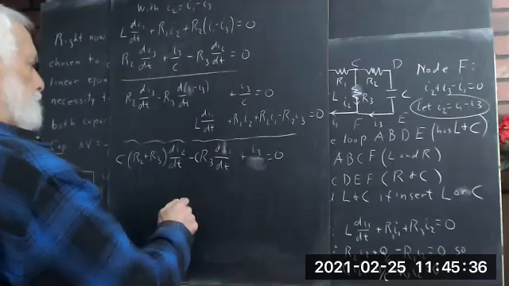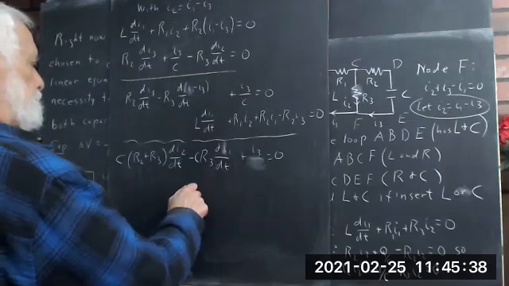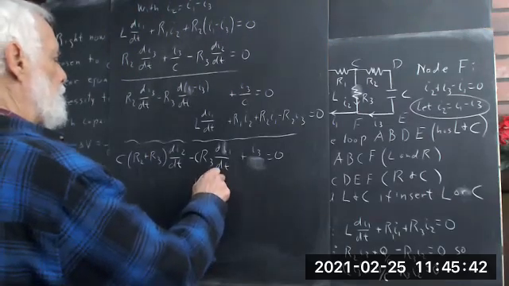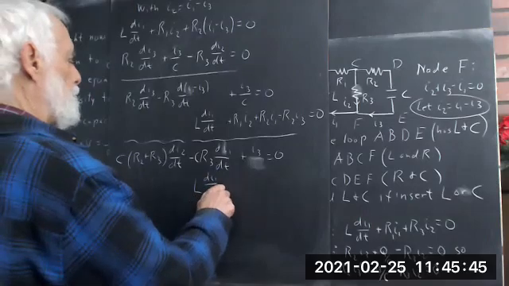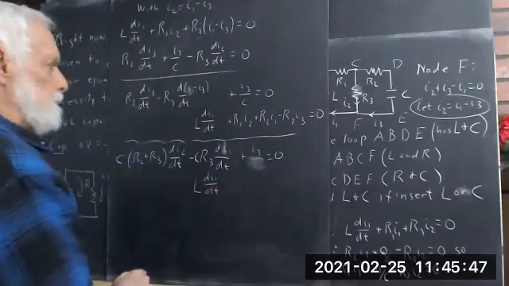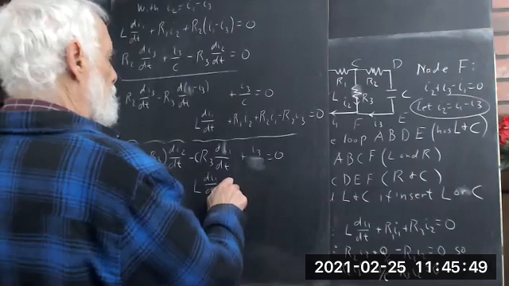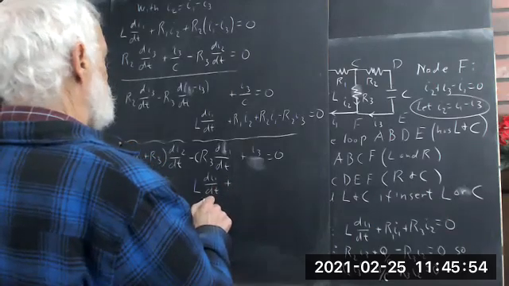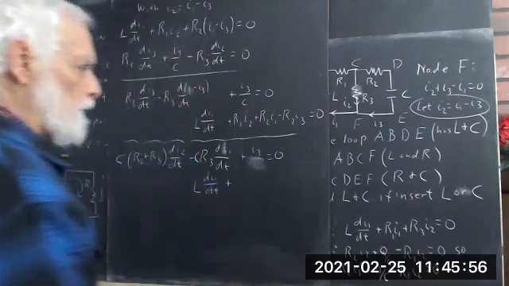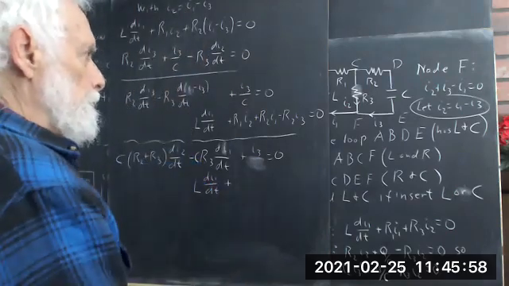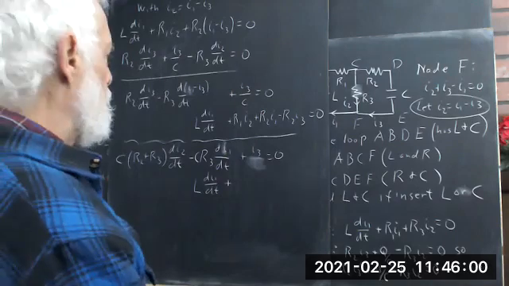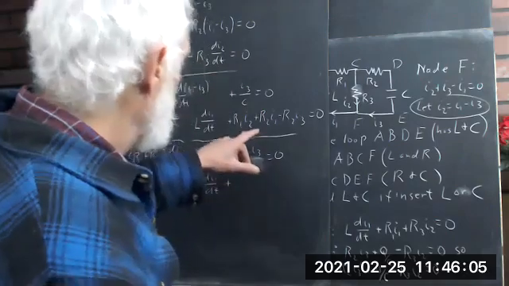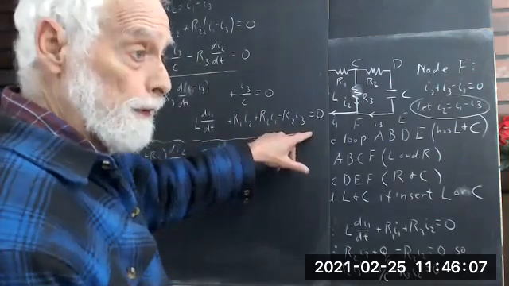Then we're going to have L di1/dt plus, okay, I wrote out I1, I2, and I3 here.